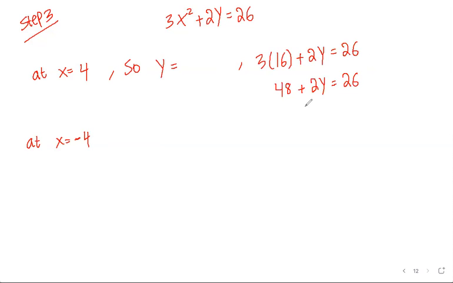Subtract 48 from both sides. I get 2y equal negative 22. Divide by 2, negative 11. So the y value is negative 11.